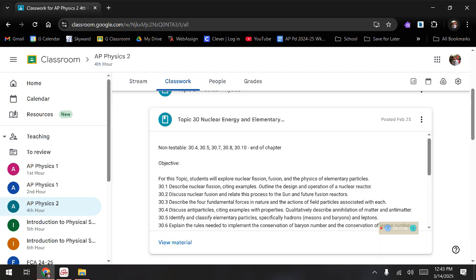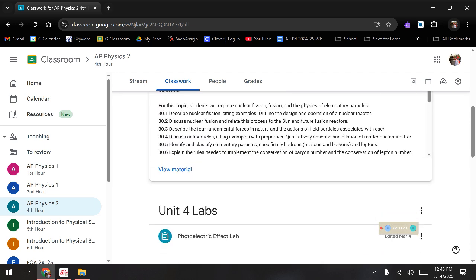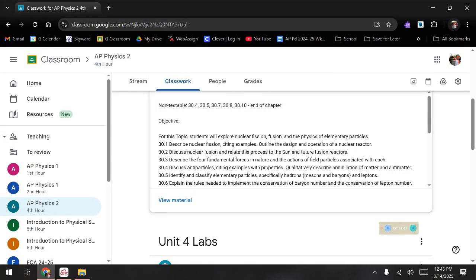So what are we going to be covering? We will be covering nuclear fission, nuclear fusion, and the 4 fundamental forces, which will be a very quick and easy conversation because you already know it. Then the explanation of the rules implemented, the conservation of the baryon number and the conservation of the lepton number.